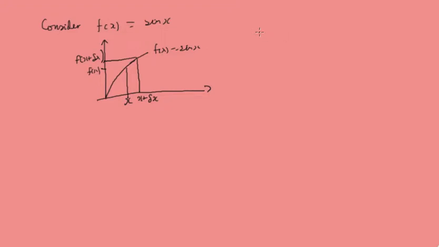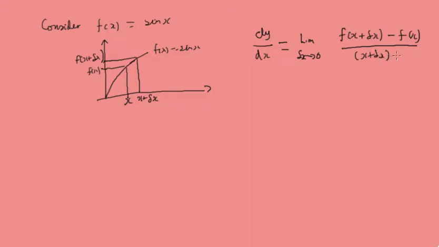So if we were to do dy by dx of the function as the limit dx tends towards 0, we'd have this function f of x plus dx minus f of x divided by x plus dx minus x, because that's just the value for the gradient.